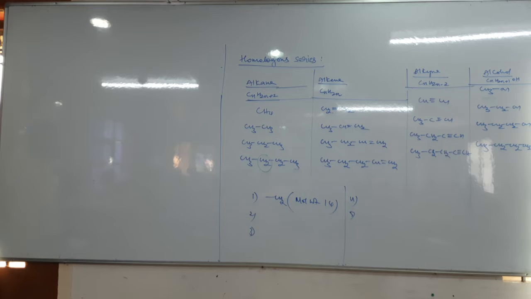Four: all the members of the homologous series should have similar chemical properties.